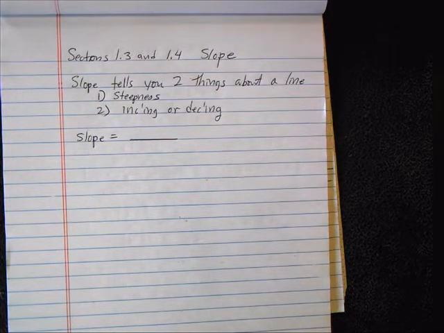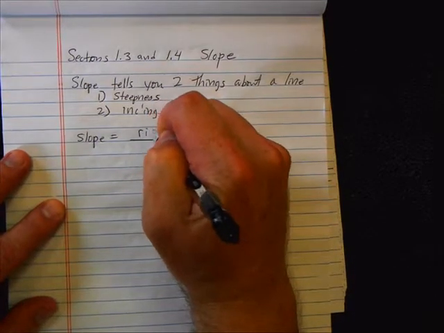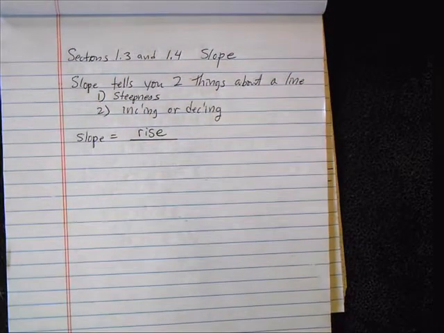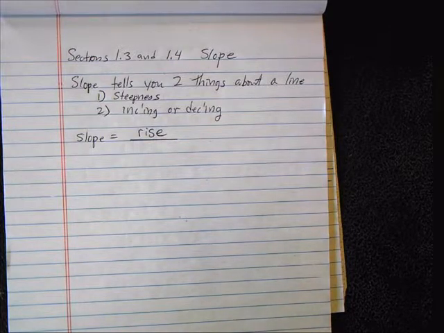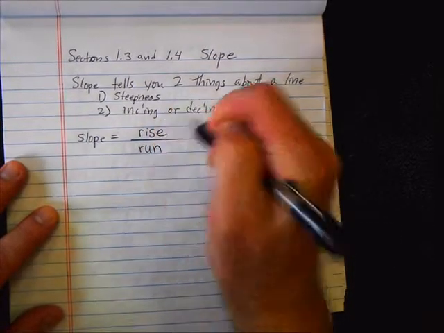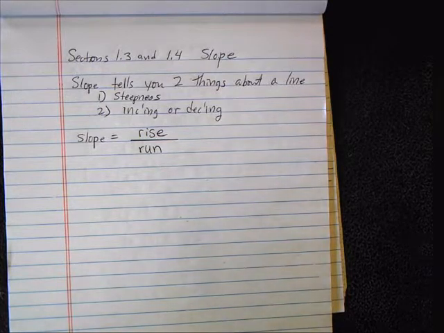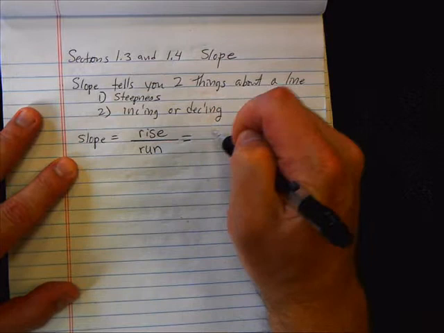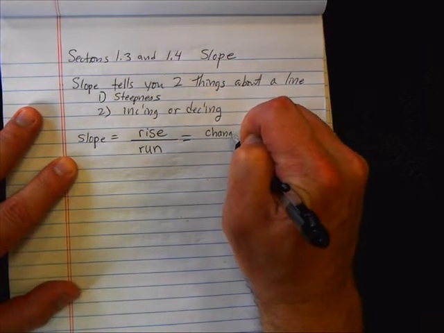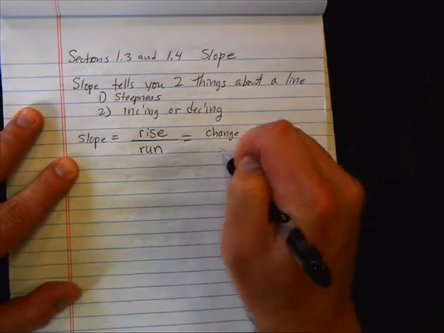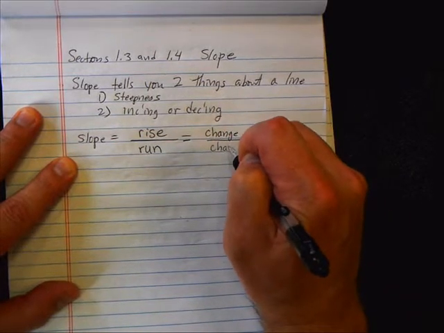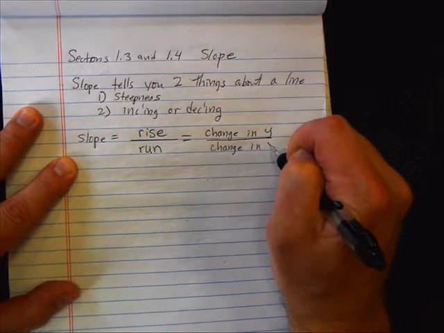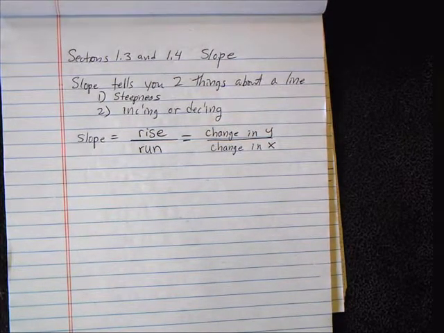So one way we remember slope is what's called rise, which means how much it goes up and down, divided by run, which means how far it goes left and right. So one of the rules we use to remember slope is rise over run. The y's go up and down, so this is also sometimes written as change in y over change in x, because the x's go left and right. The x's give us our run.